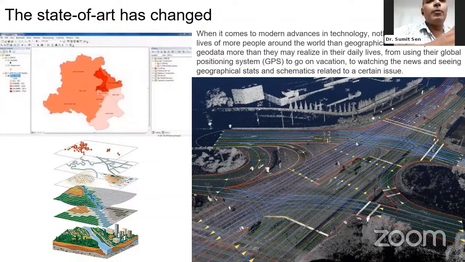So the point I'm trying to make is there is tremendous change, and the conventional ways of working with geospatial data have, I wouldn't say disappeared, but have taken a back seat, and there's immense technology potential that is coming up in terms of LiDAR, 3D data, and digital twins that we can leverage. Let's go to the next slide.